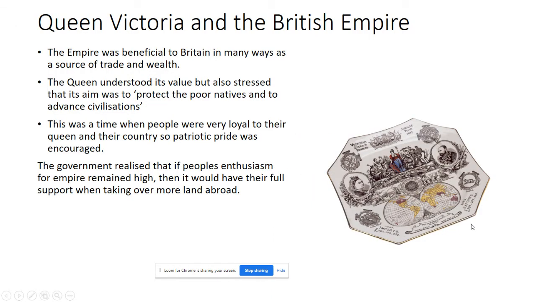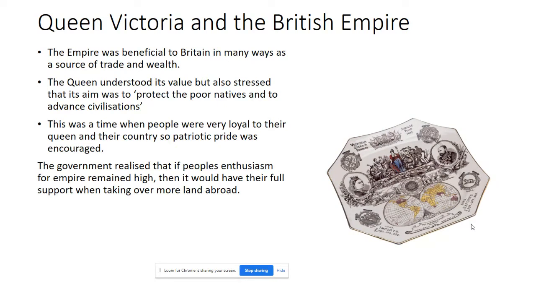As you remember, Queen Victoria served as queen from 1837 to 1901. And under her reign, the empire reached its zenith, its maximum size. It was beneficial to Britain in many ways because it was a source of trade and wealth that was secure.